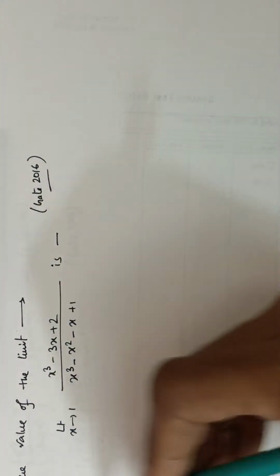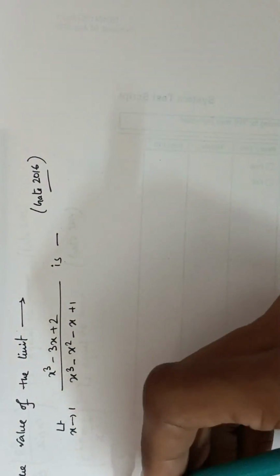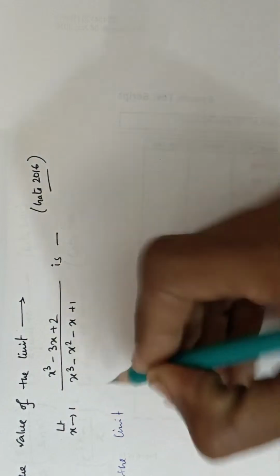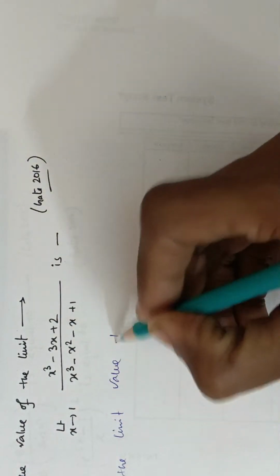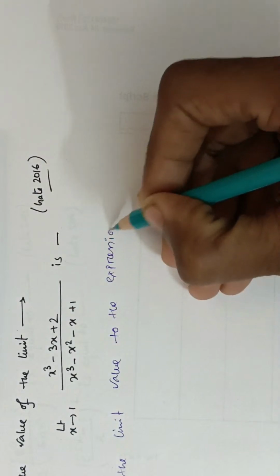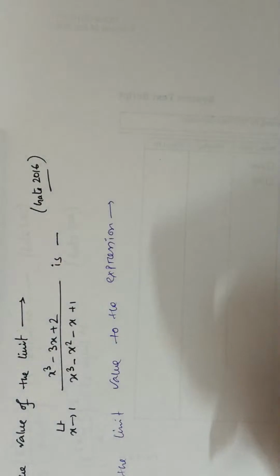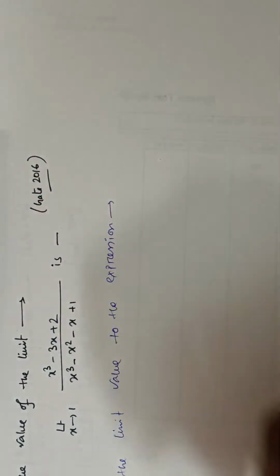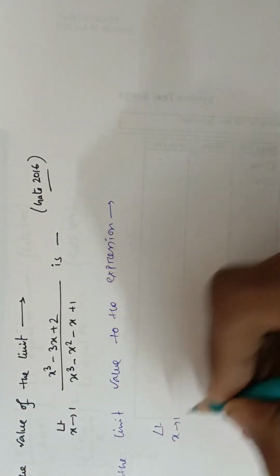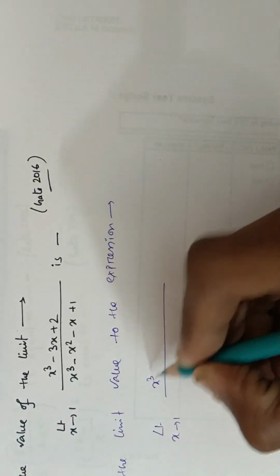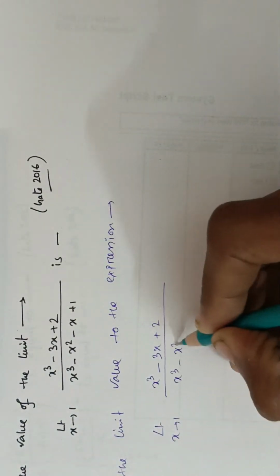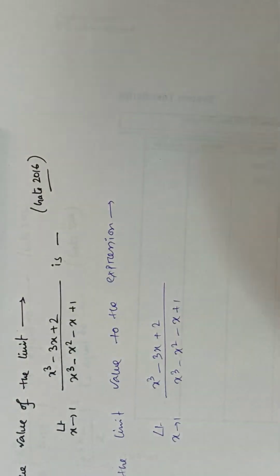So we are putting the limit value to the expression. The limit as x tends to 1 of (x cube minus 3x plus 2) upon (x cube minus x square minus x plus 1).